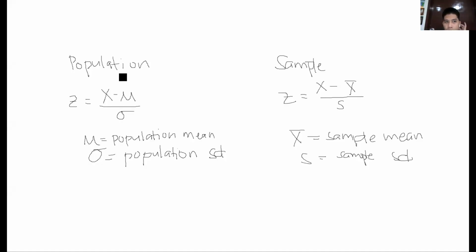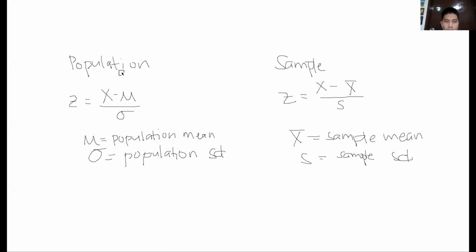We have here the two formulas of the standard scores. We have z equal to x minus mu divided by sigma, and z equal to x minus x bar divided by s. The first is for population data and the second is for sample data.